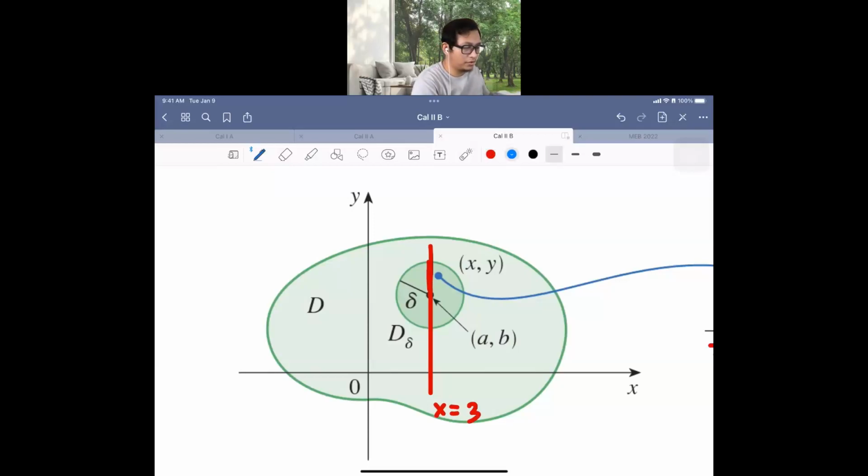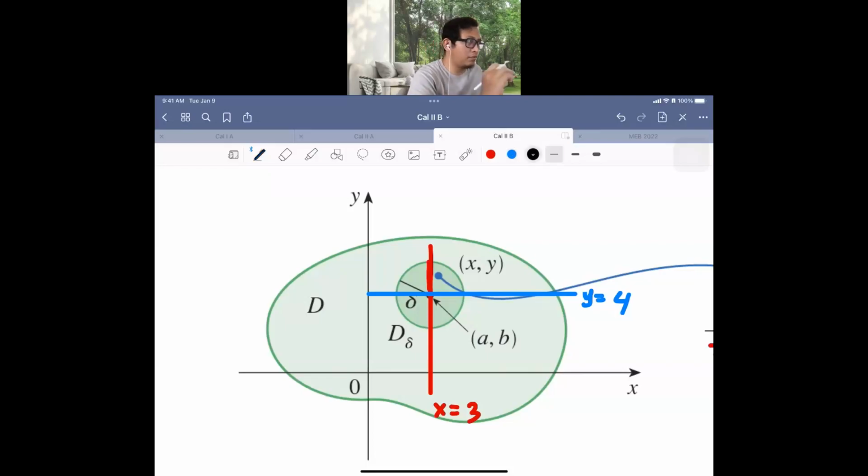Or we can approach this AB when y is equal to maybe 4. So when we compare these two, we make one variable a fixed constant, and then we take the substitution and evaluate the limit and see whether the results are equal or not. If it is equal, then we have the limit. If it's not, then the limit doesn't exist.